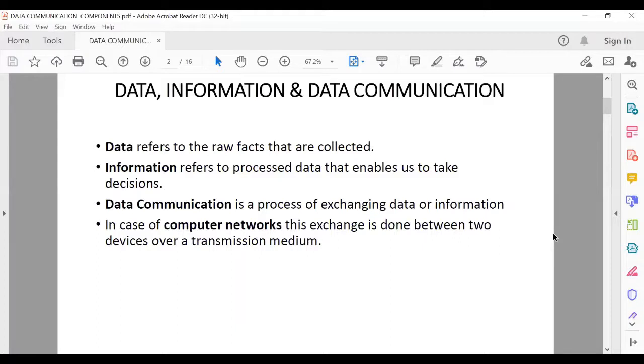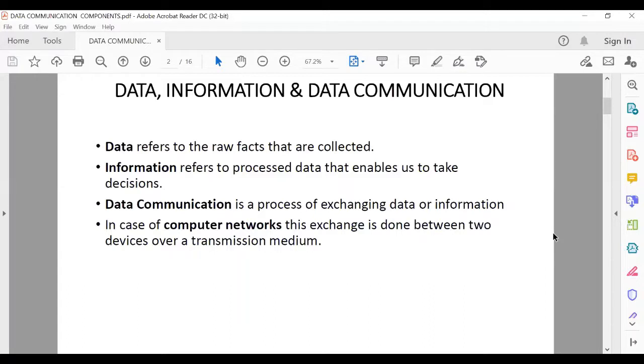Now, this process involves a communication system which is made up of hardware as well as software. The hardware part involves the sender and receiver devices, and the intermediate devices through which the data passes.